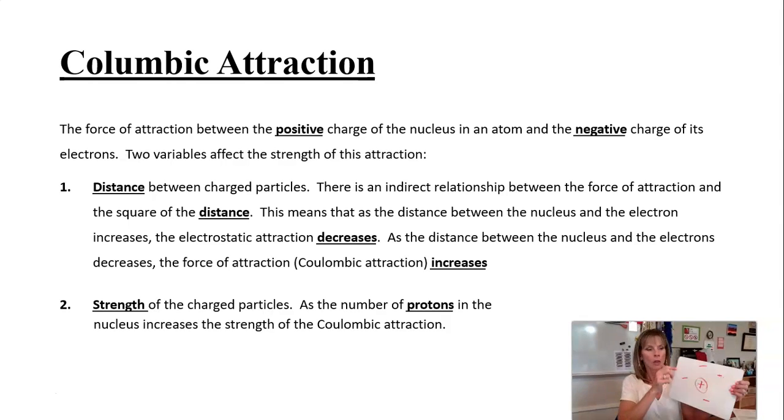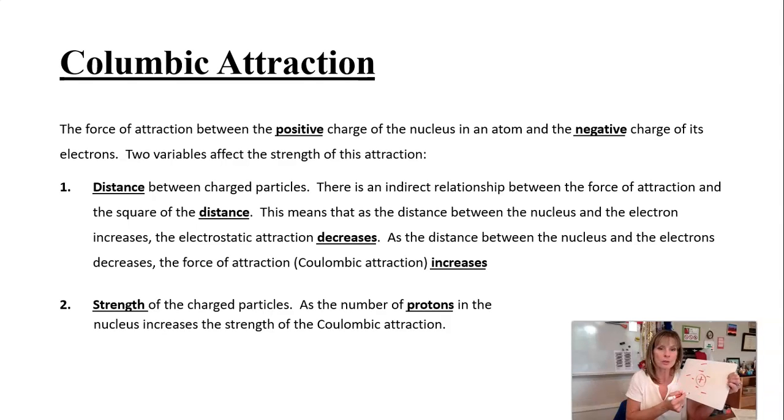Same thing here. The further away the negative electron is from the nucleus, the lower that attractive force. As the distance between the nucleus and the electrons decreases, so if I have electrons here, in the s energy level, that Coulombic attraction would be higher.